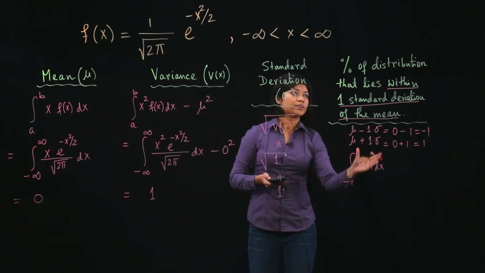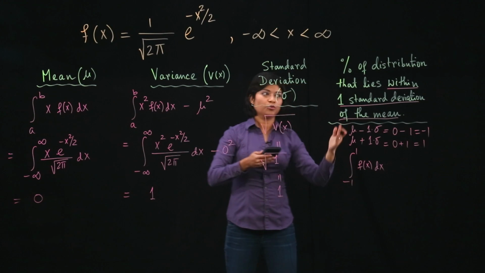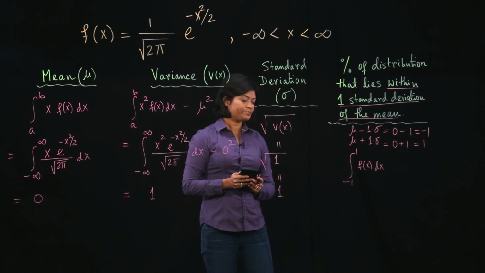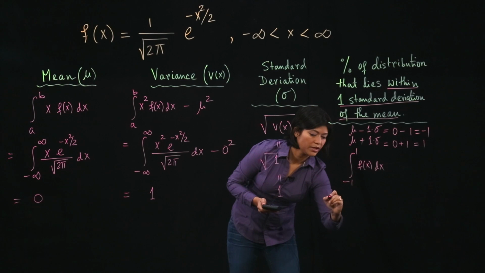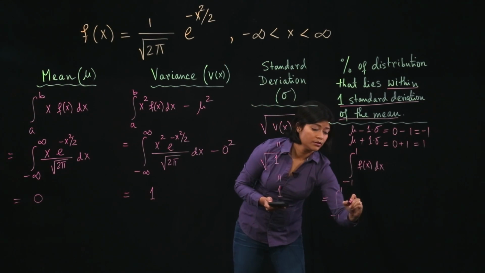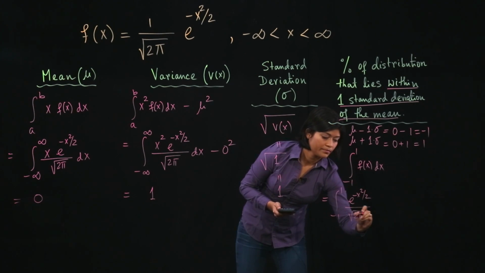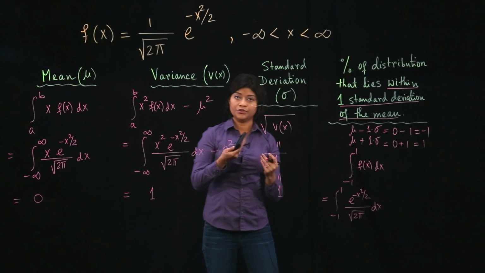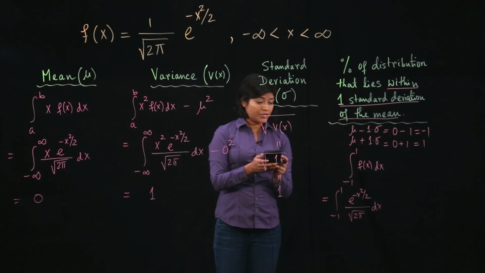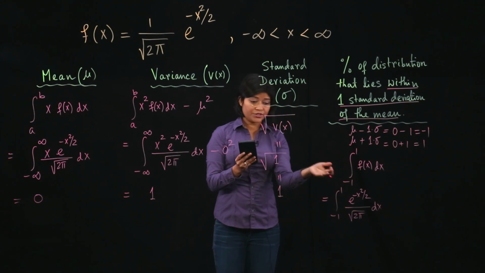So this is the setup that will give you the percent of distribution within one standard deviation of the mean. So plug in your function. Function is e to the negative x squared over 2 over square root of 2 pi. And you can use an integration utility again. Plug in this integral. You can use the same integral as before.